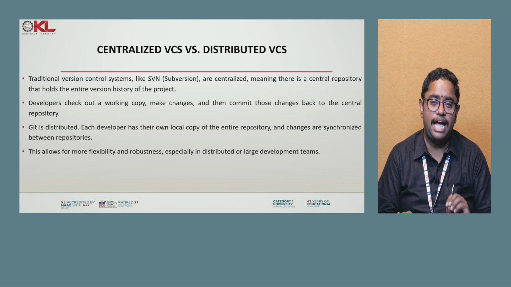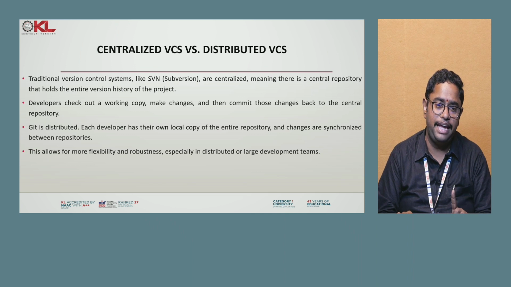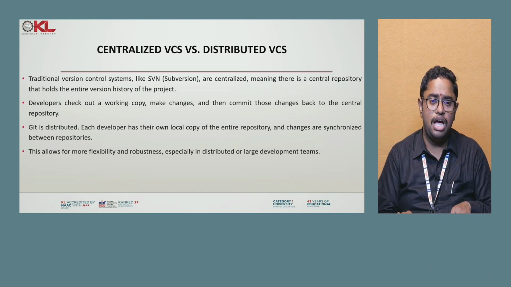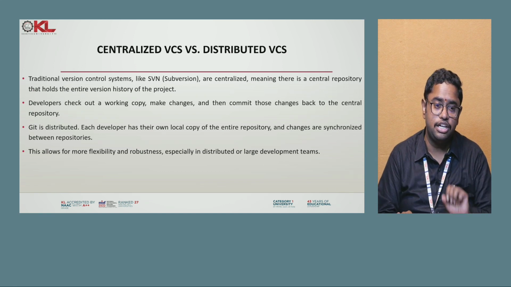It is a kind of central repository system where we can only have a single copy, right? So we will have a single copy and only that copy has to be distributed to everyone, and if any changes have been done, then all the changes are going to be applied to that single copy.